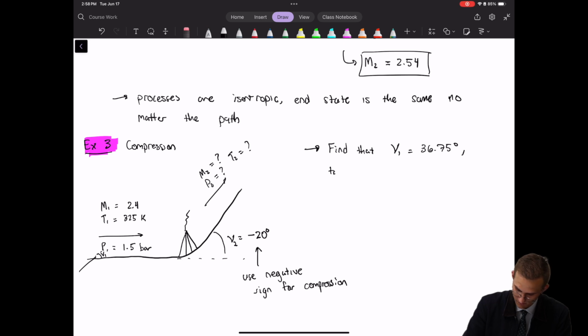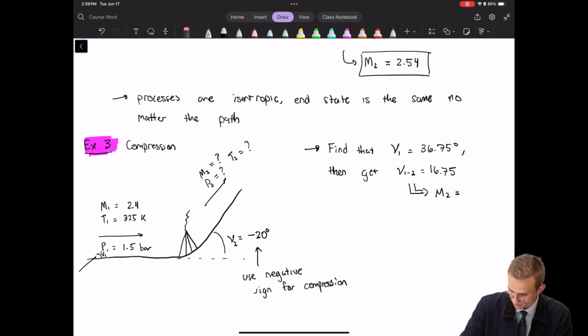Then we'll get nu 2, and so nu 2 is equal to 16.75. We just subtracted 20, which tells us that M2 is equal to 1.664.